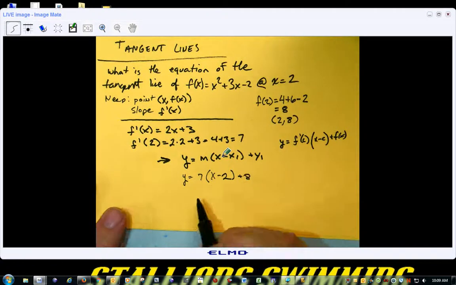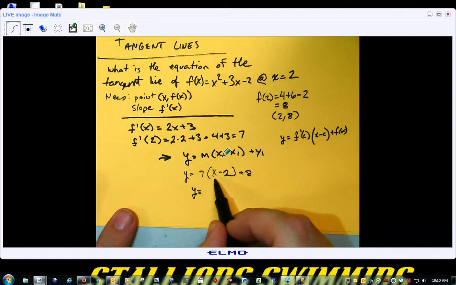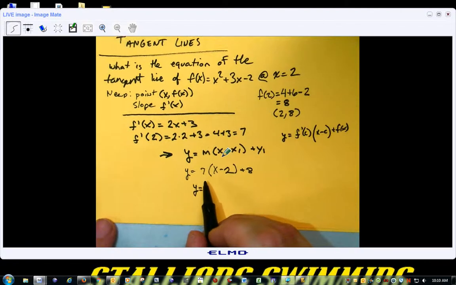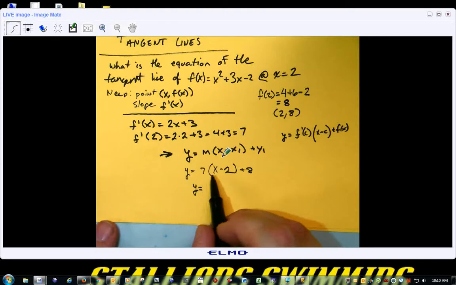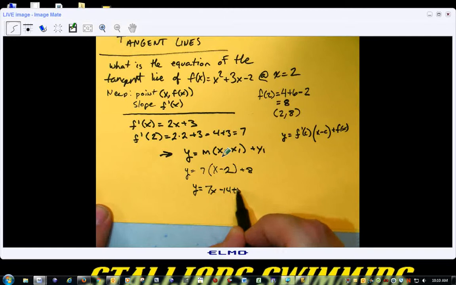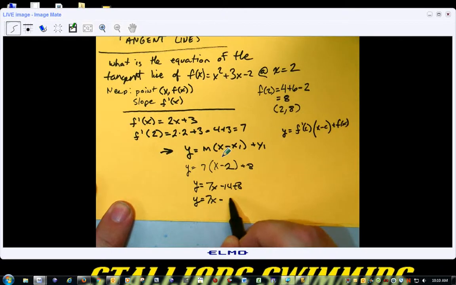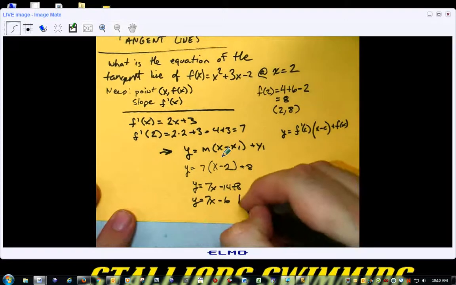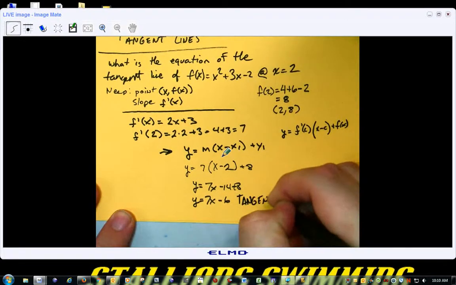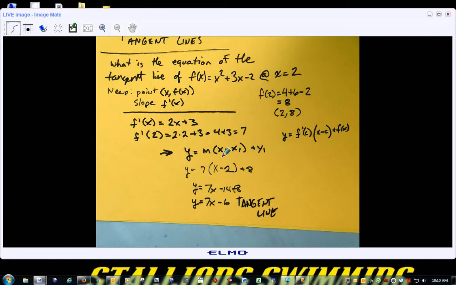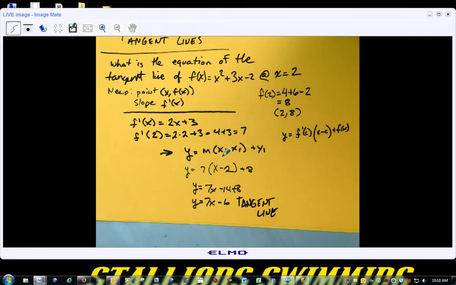So simplifying this, and remember, since it's multiple choice, you're going to have to put it in the form that they want. 7 times x, 7x, 7 times negative 2 is negative 14 plus 8. 7x minus 6. There's your tangent line. Make sense?